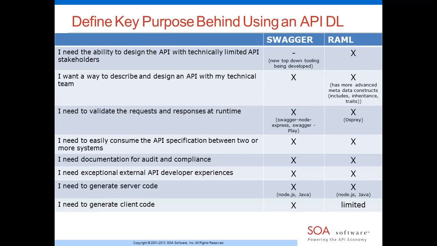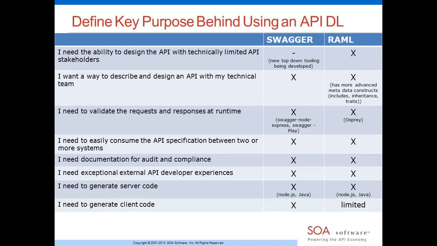Now let's say I need to validate the request and response at runtime. You want to make sure that the request coming in adheres to your specification and the response going out adheres to your specification. Both Swagger and RAML have this capability, okay? For example, Swagger Node Express and Swagger Play have that capability, and that's been around for quite a while.